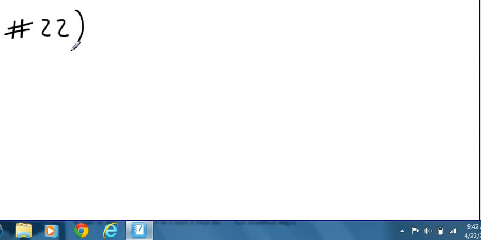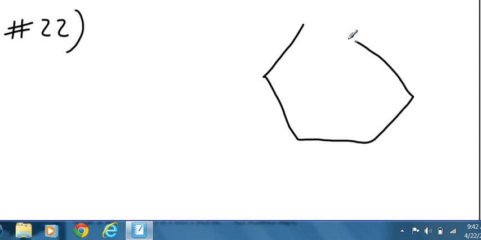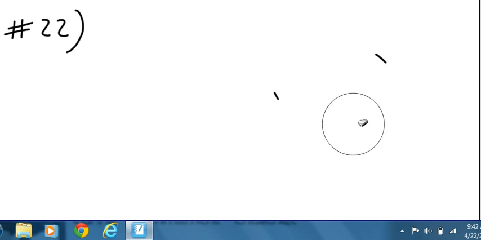All right, so 22. We have a dental building that is a regular pentagon. Anybody know what a regular pentagon is? Yeah, anyway. Oh, that's just so cool. It's not that. That's not a regular pentagon. I wonder if I can go and get a regular pentagon. Oh, look at that.